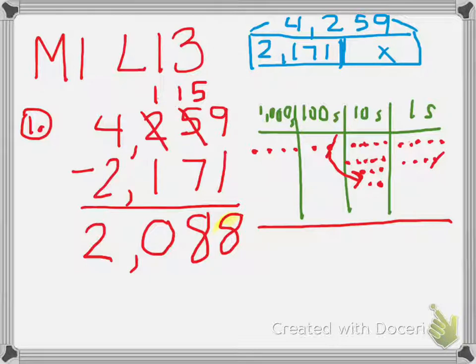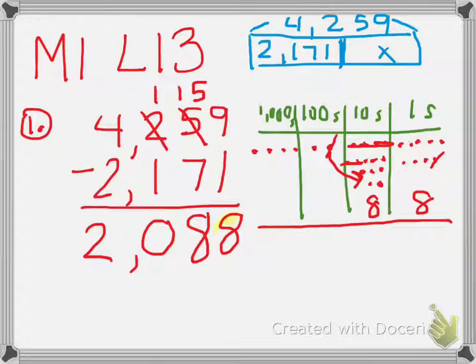Okay, I moved 10 over here. Now I need to take 7 away. So I'm going to cross off my top 5 and cross off 2 more down here. And then I do have 8 left over. I had 8 left over in the ones too.